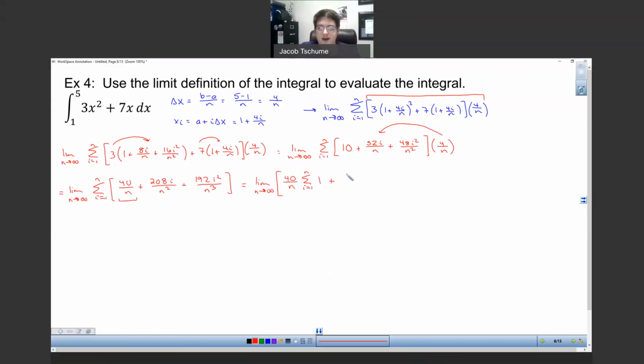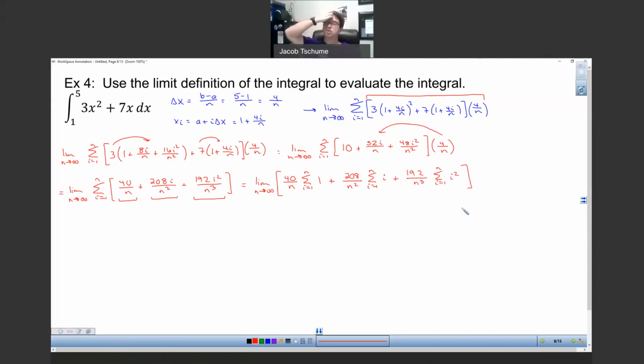Plus, if I factor the 208 over n squared out of the second one, that would leave a summation of just i. And then same thing on the third one. If I factor out the 192 over n cubed, I'll leave the i inside my last summation, that leaves an i squared.